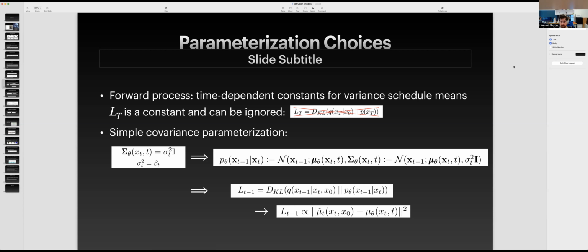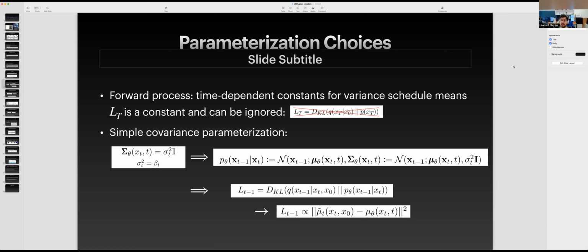As for the parameterization of the functional form of the covariance, the authors found that a simple covariance parameterization, where the time-dependent covariance matrix is a product of independent Gaussians with constant scaling, where the variance scaling is the variance schedule, the betas.